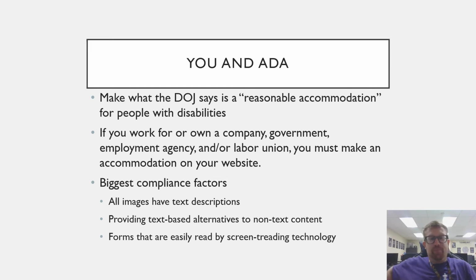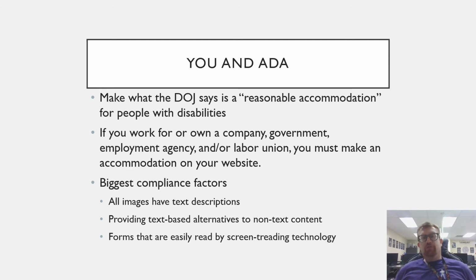All right, so between us, when it comes to the ADA, the Department of Justice makes a reasonable accommodation. Okay, you have to attempt. You have to make it so that it's accessible. If you work for or own a company, government, employment agency, and or labor union, you must make an accommodation of your website.